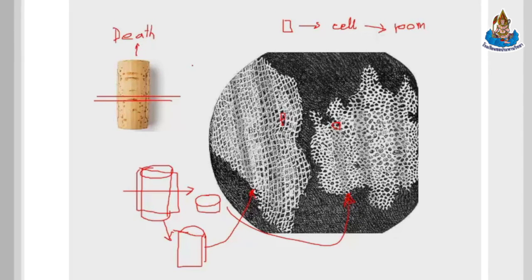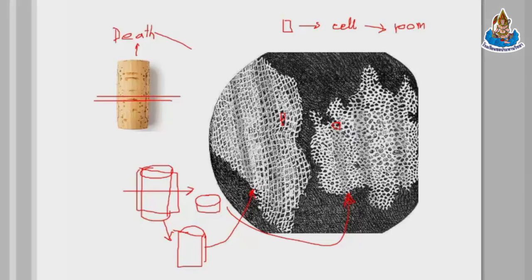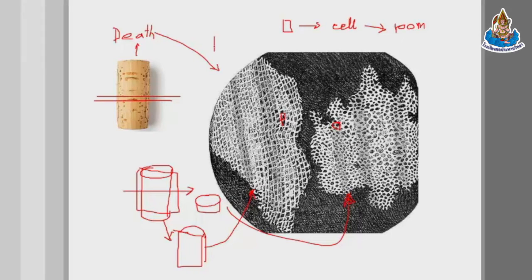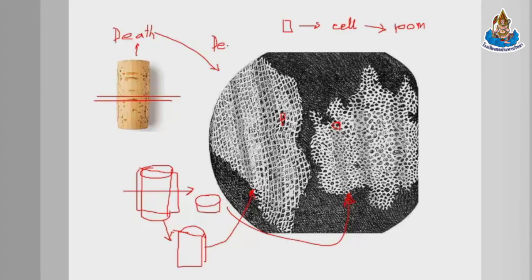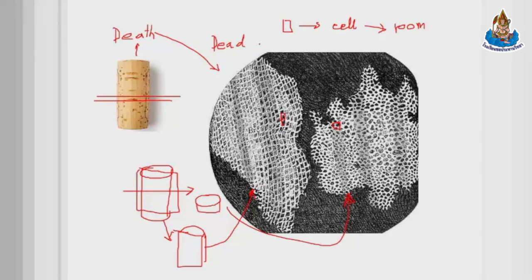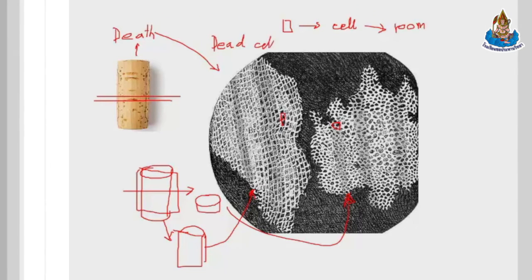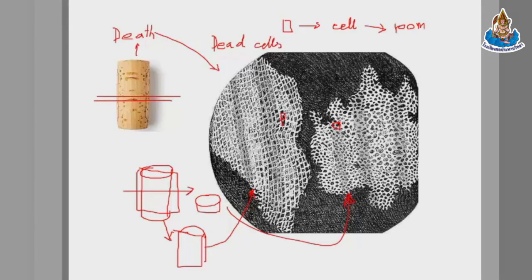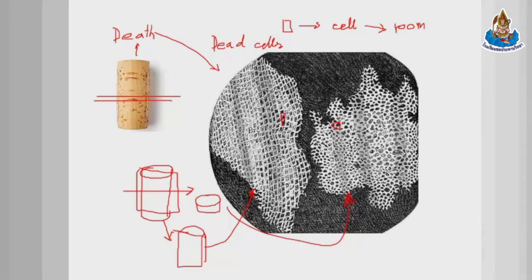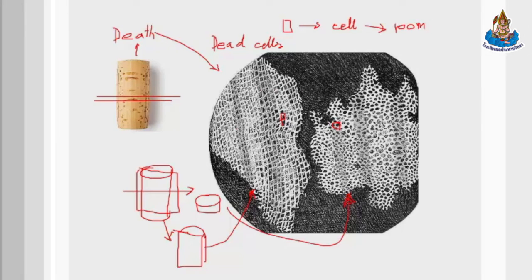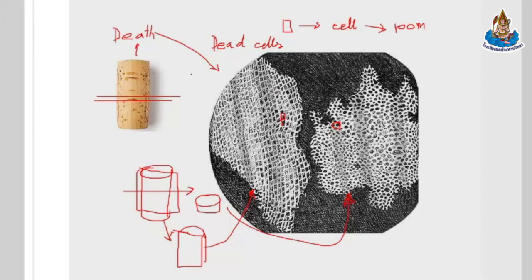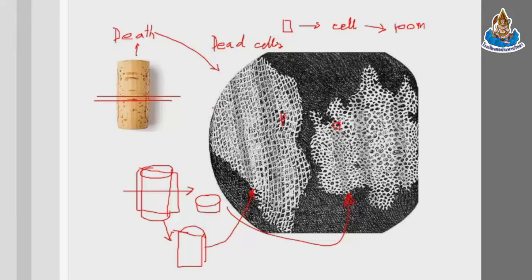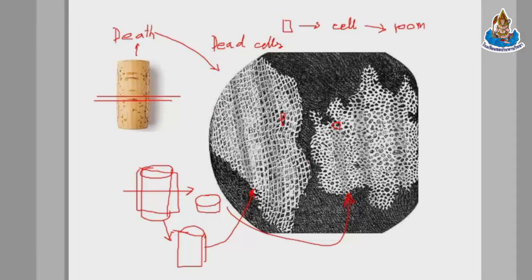So, the cells that Robert Hooke saw are dead cells. The remaining structure became like this, and that's why he could see it. That means the wooden chair I showed you in the first slide, if you cut it into thin slices, you may find the dead parts of cells like this too.